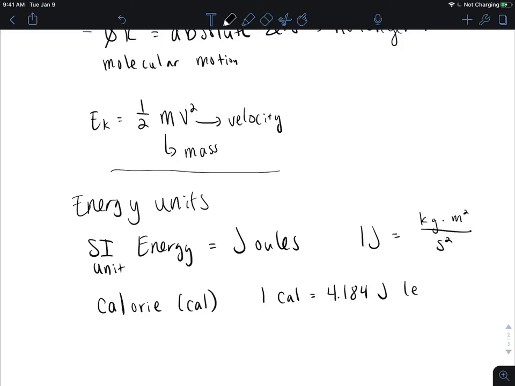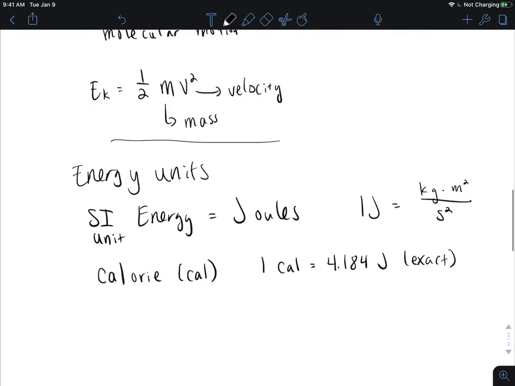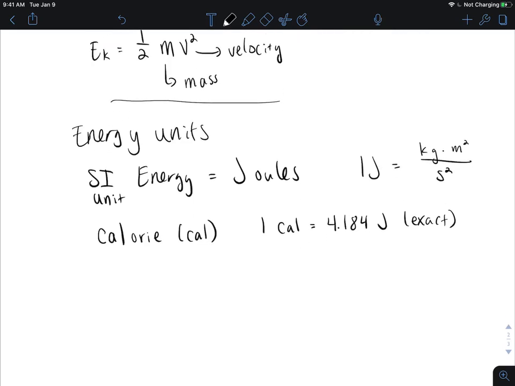This is an exact number, so infinite sig figs. Then we also have a large C Calorie, which is equal to 1,000 small calories. So 1 big C Calorie is equal to 1,000 small c calories, or 1 kilocalorie. Okay.